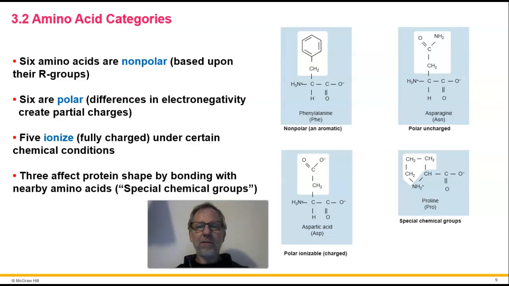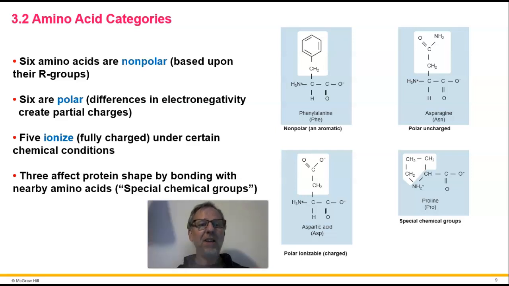On the bottom left, there's an example of an ionized amino acid. So ionic, essentially. If you look in that white box, you can see the oxygen has a negative sign next to it. So that means it's ionized and it's got a full negative charge.